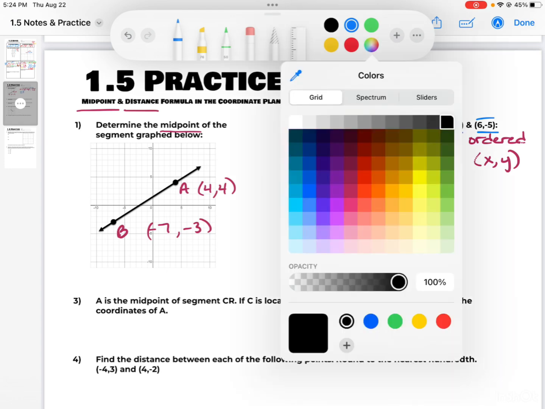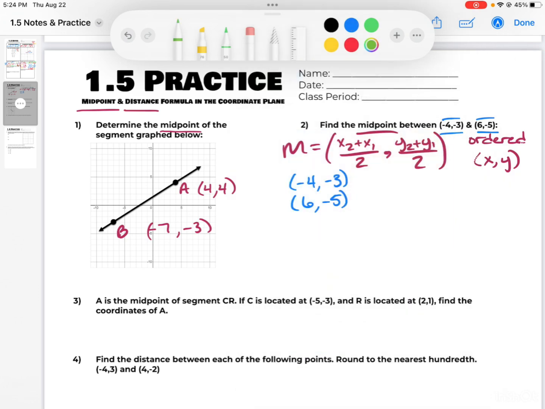Again, you can determine, unless the problem says otherwise, what you want each one to be. So I'm going to say that this is number 1 and this is number 2. That means this is X1, this is Y1, this is X2, this is Y2. And now I just need to take these values and plug them into the formula where they belong.